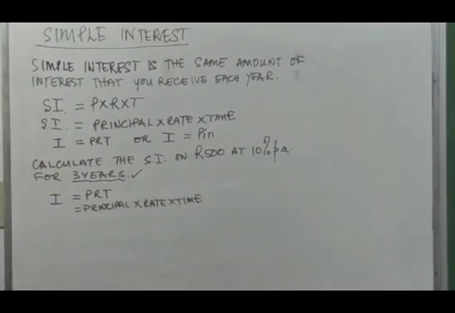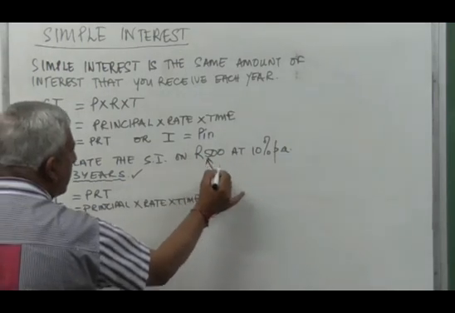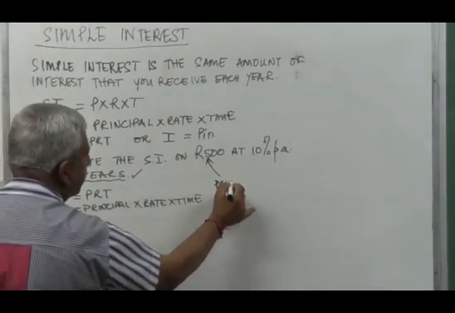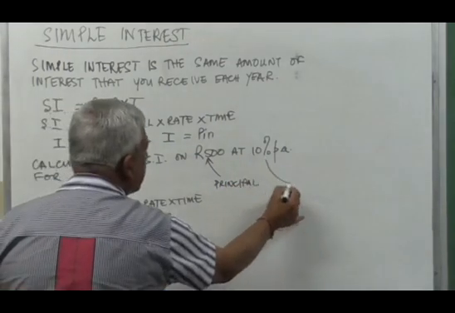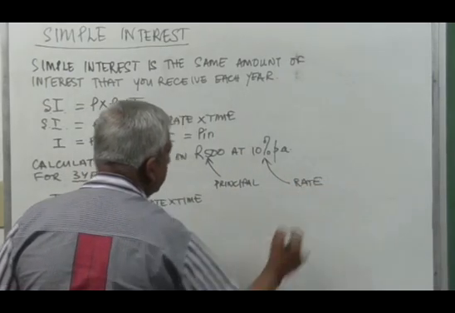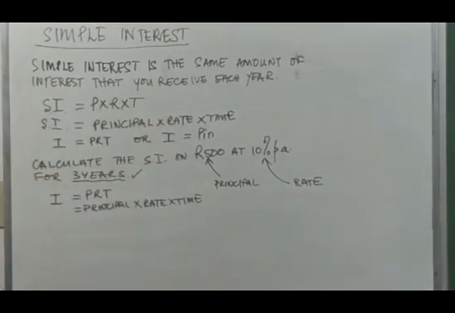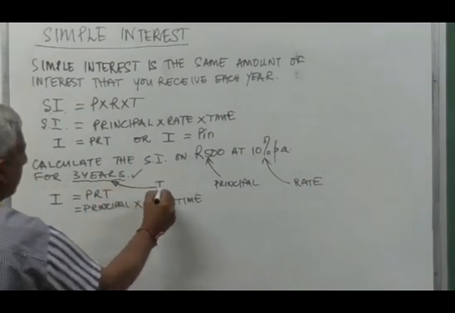Now, the 500 Rand is the principal. And the 10% is your rate, and your 3 years is your time.